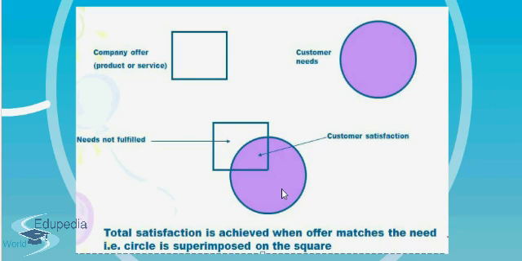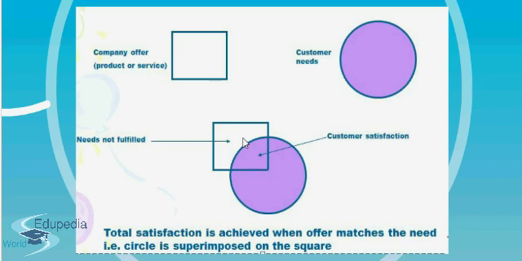In the third figure, the square representing the company's offer is encircling the circle, not fully, only covering a small part of the circle. It means through my offering, I'm able to cater to the need of the customer only partially.